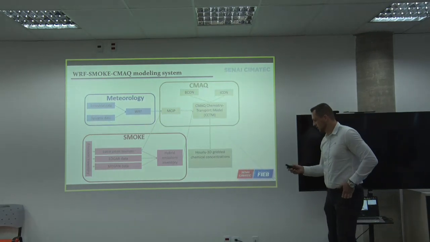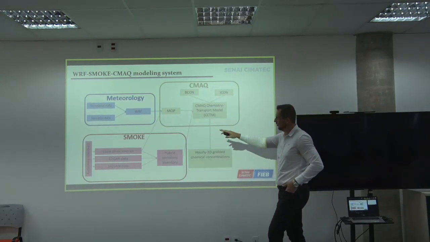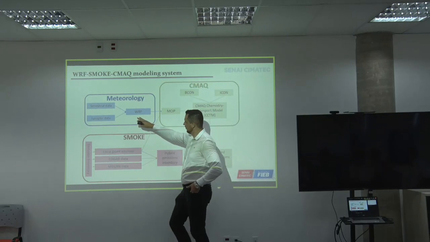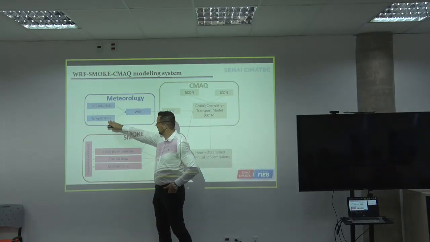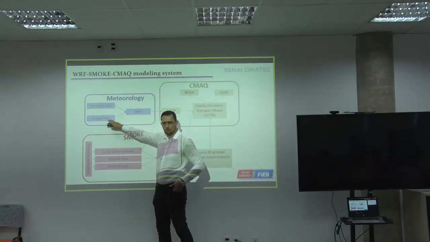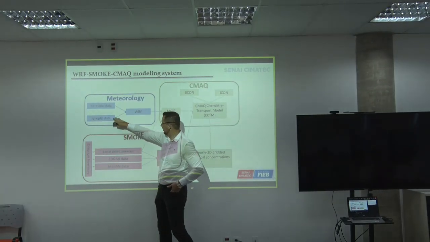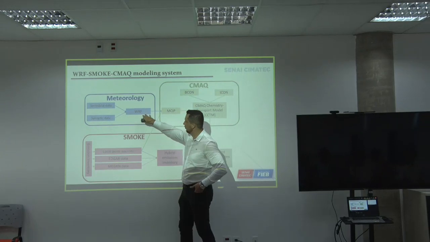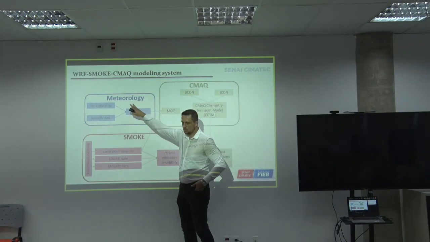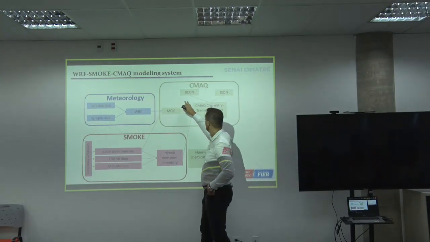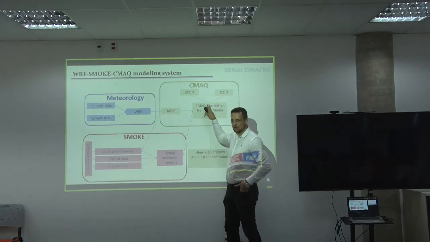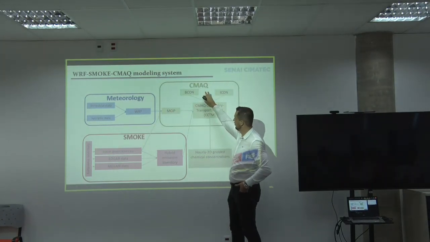The framework is comprised of these parts. The terrestrial dataset and data from global models like GFS and NCEP FNL are input to the WRF model, the meteorological model, which drives the photochemical air quality model called CMAQ.